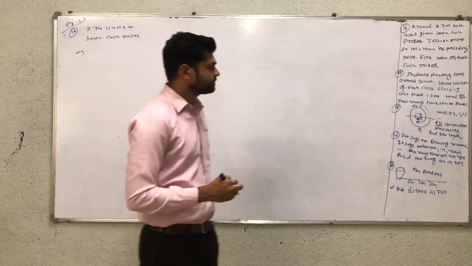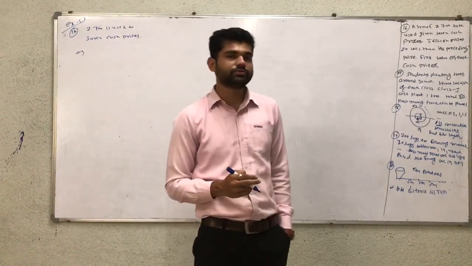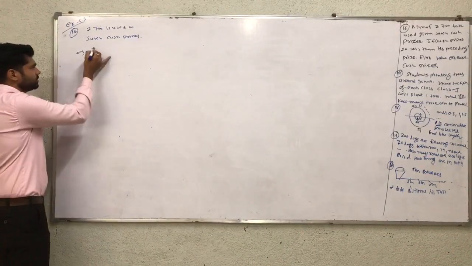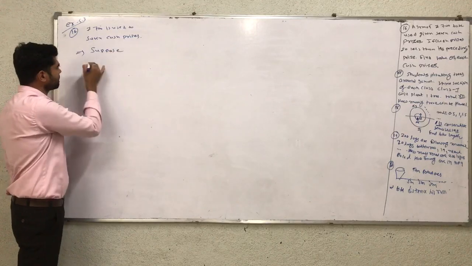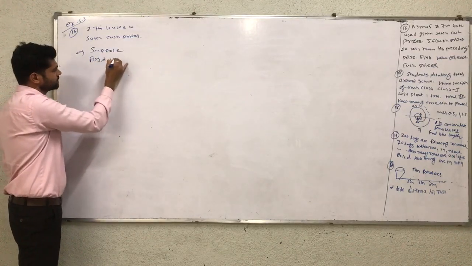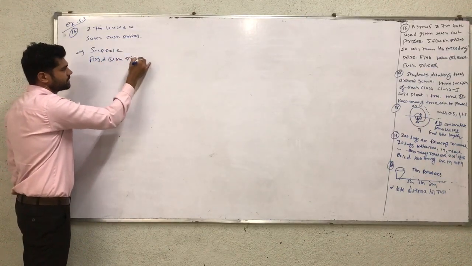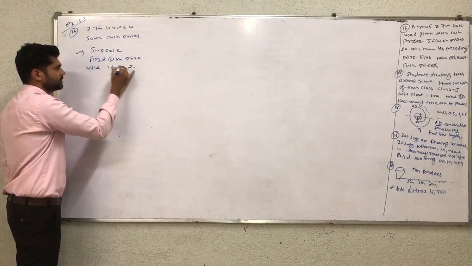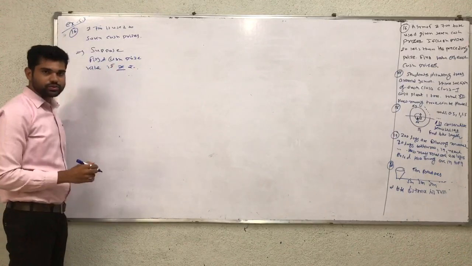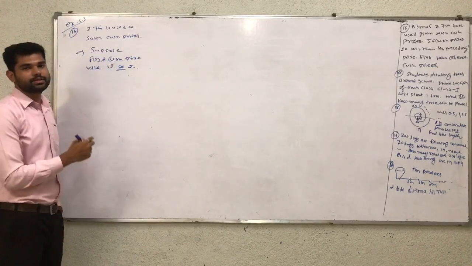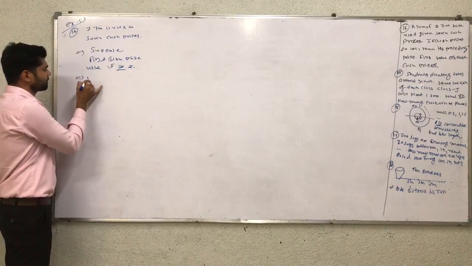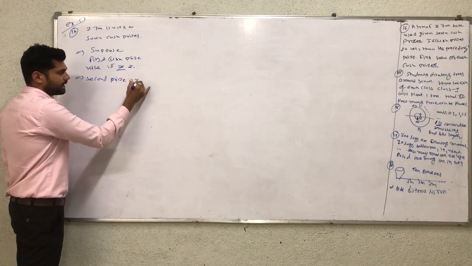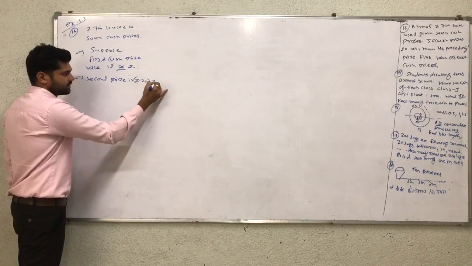And we have to find the value of each cash prize. So start. First, suppose the first cash prize value is x rupees. Each prize is 20 less than the preceding prize, so the second prize is x minus 20 rupees.